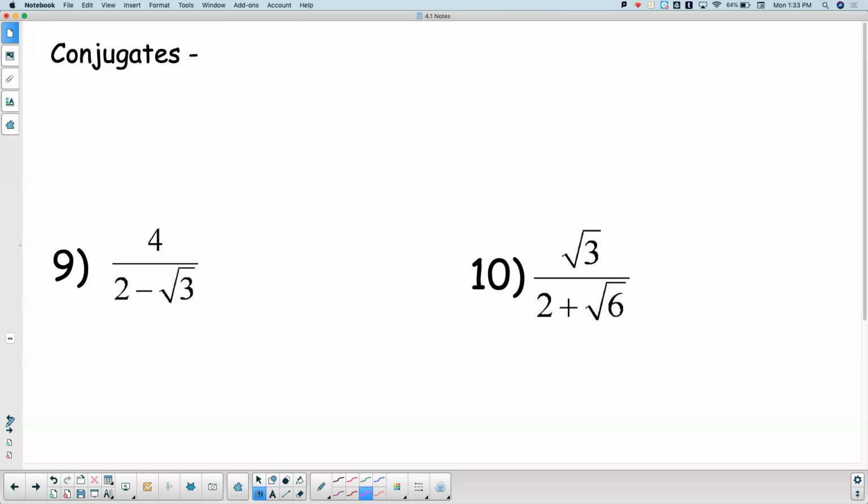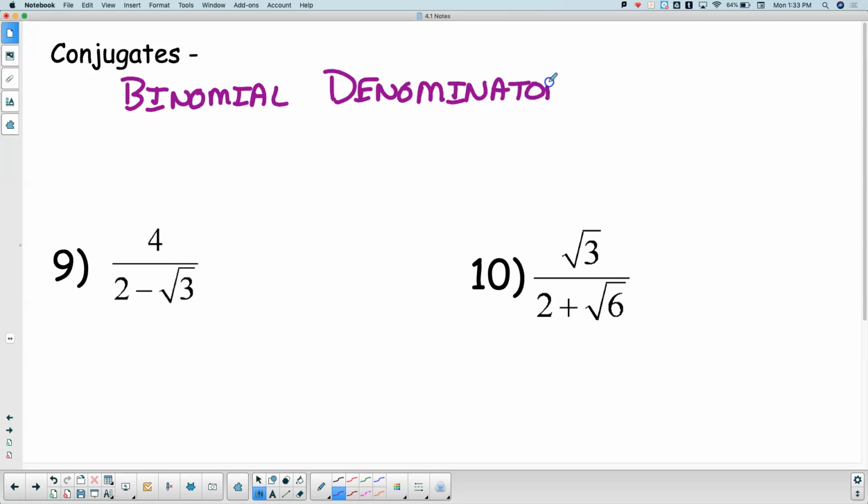Okay? So a conjugate is for when we have a binomial denominator. So you got two terms in your binomial.